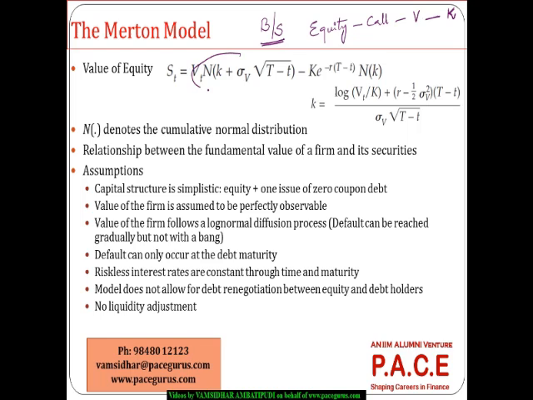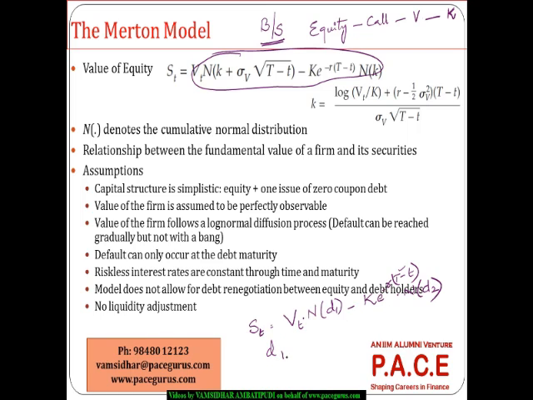Again, the formula is used in different ways, but I can define it in a simplistic way for you. The value of the equity at any point in time: the spot price, which is the value of the firm, times N(d1), minus the present value of the strike price, K e to the power minus RT, times N(d2). Here T is the time to maturity, so probably write it as T minus t.